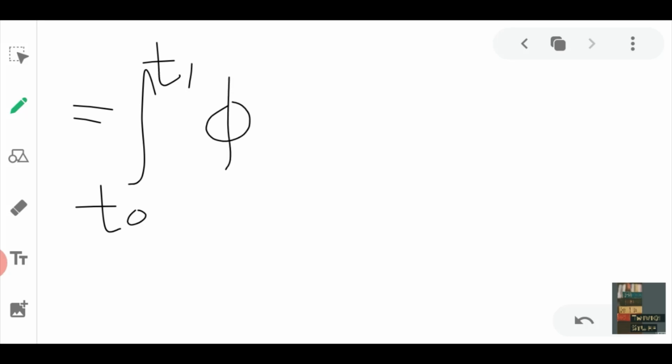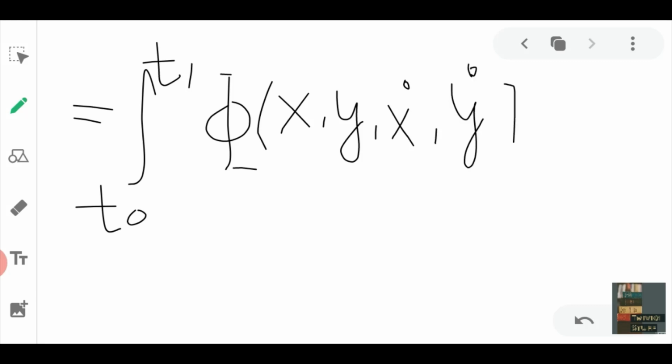So further we can write it as the integral from t0 to t1 of another function, which I am calling phi, depending on x, y, x dot and y dot.